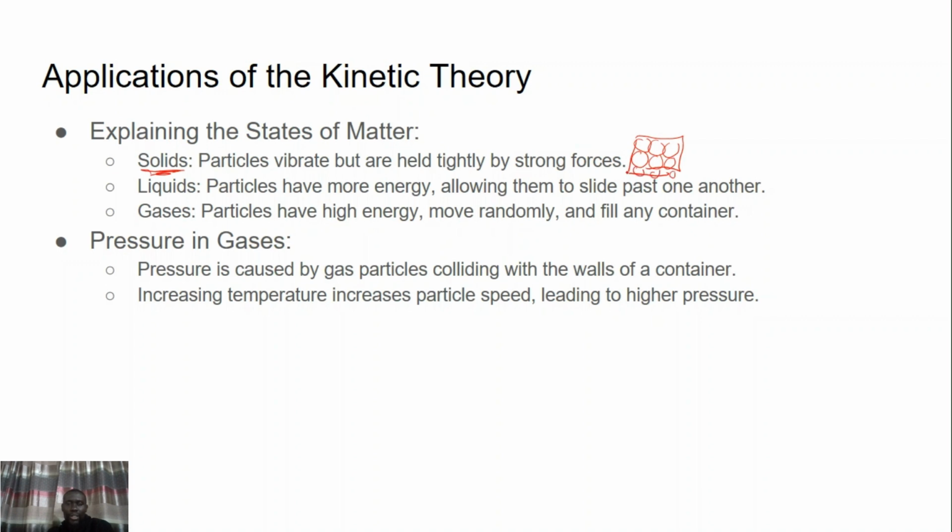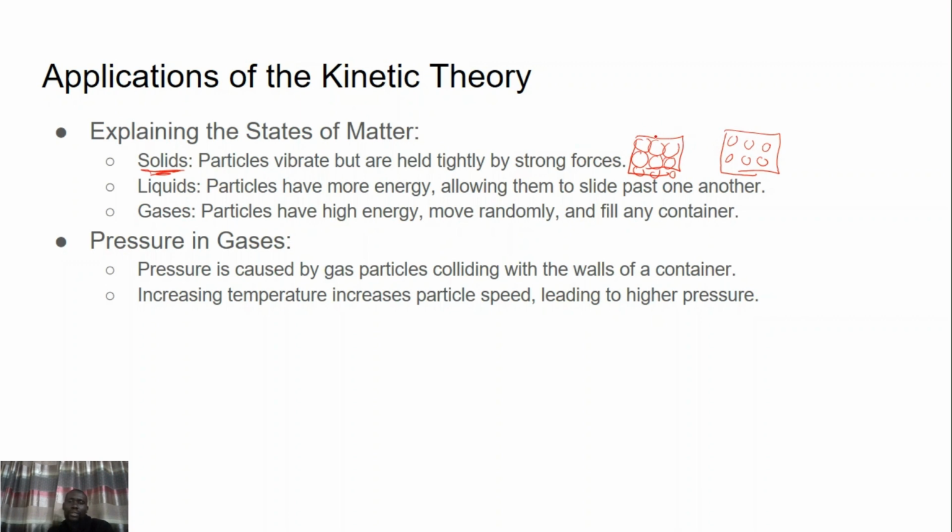And a liquid exists as a liquid because the force of attraction between the molecules of the liquid is not as strong as that of the solid. Therefore, they have a larger range of motion. While the molecules of a solid can only vibrate, the molecules of a liquid have a larger range of motion, which is more than that of the solid.